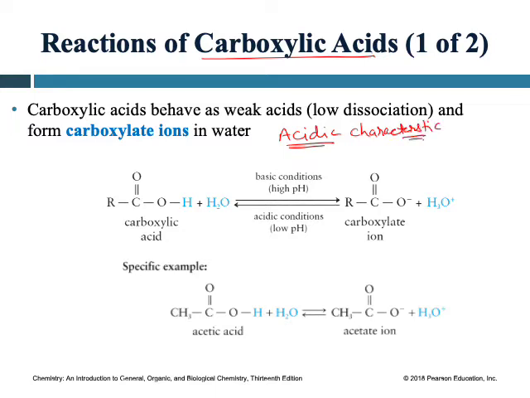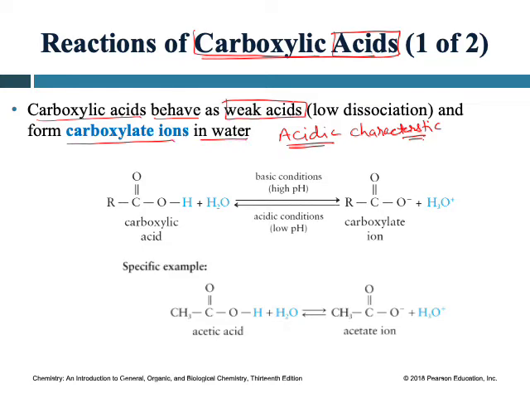The name is already telling you this is carboxylic and this is acid. So that means carboxylic acid normally shows the acidic property or acidic reaction. So let's take an example. Carboxylic acid behaves as a weak acid, so it's not a strong acid, and it forms carboxylate ion in water.